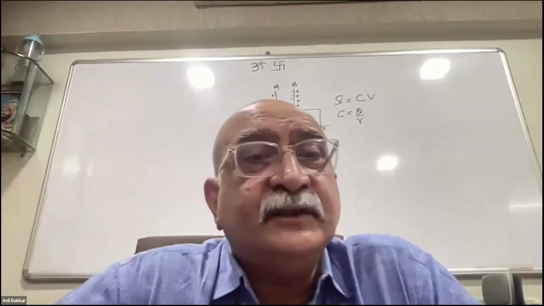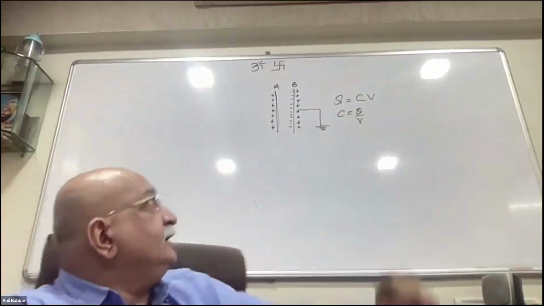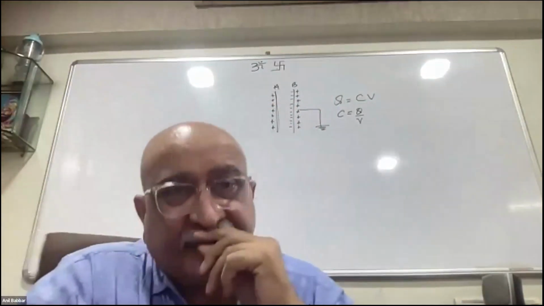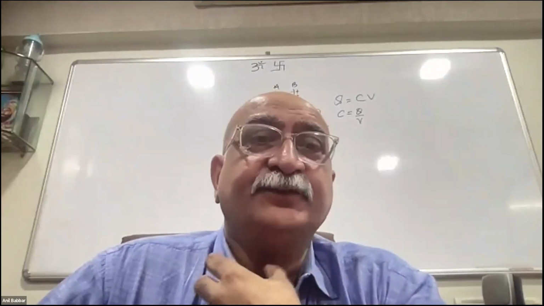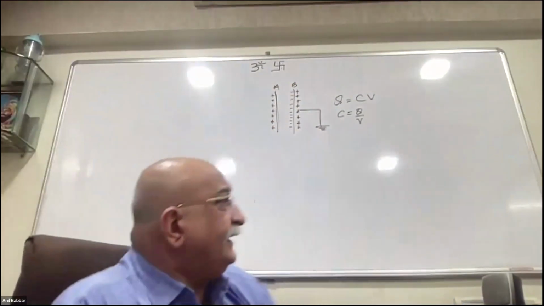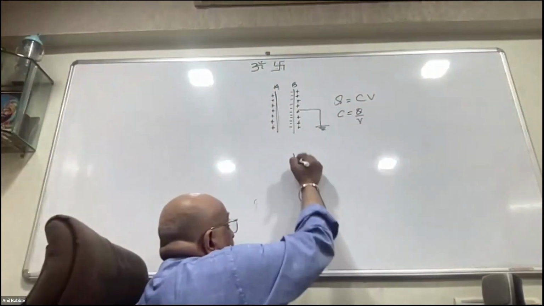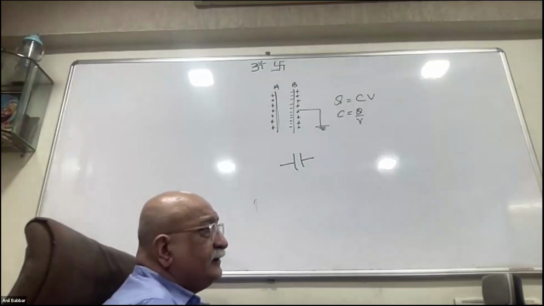So a capacitor is an arrangement of two conductors, like it's shown here. Two conductors which are separated by some distance or by some insulating medium, used to store electric charge and electric energy. And it is represented as two parallel plates, the symbol of the capacitor.